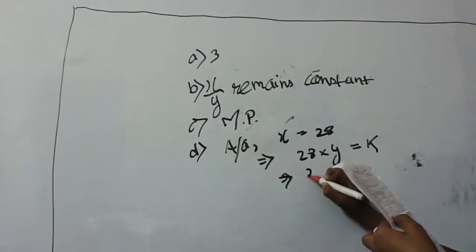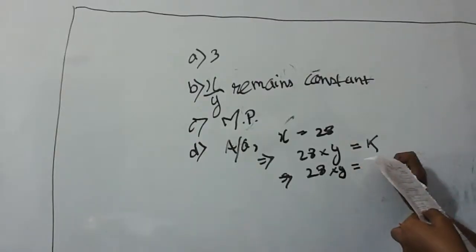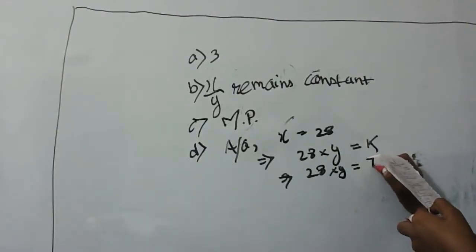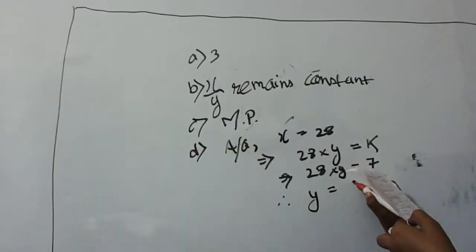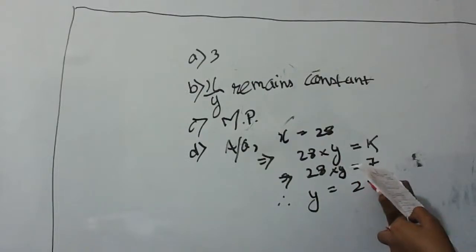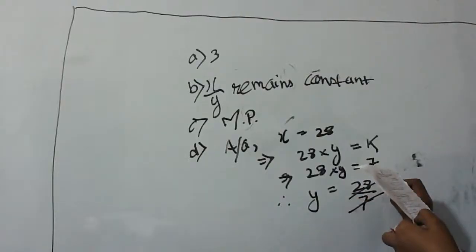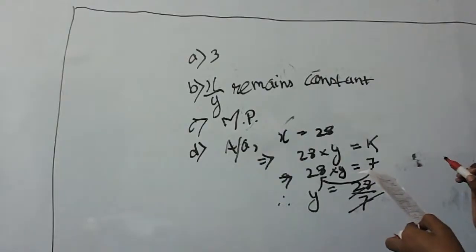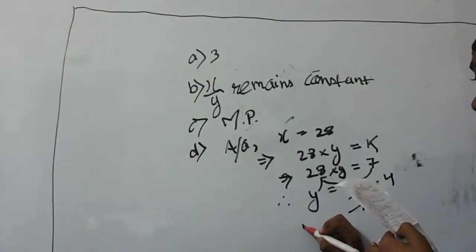This implies 28 into y equals to 7. Therefore, y equals to 7 by 28. Here 7 goes in division by 28. So the answer will be 4.